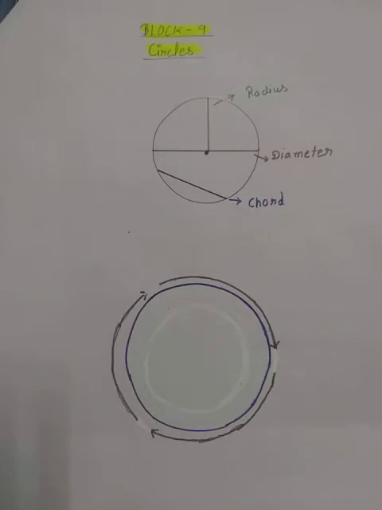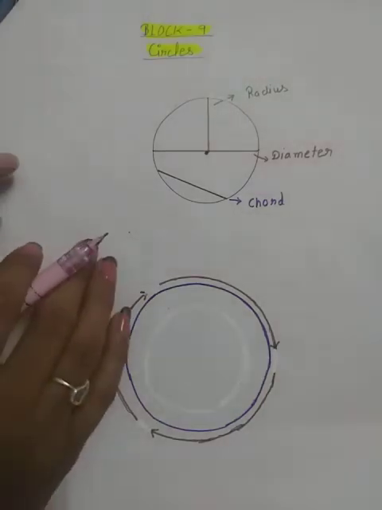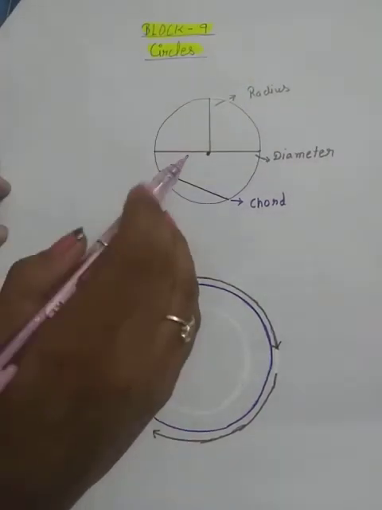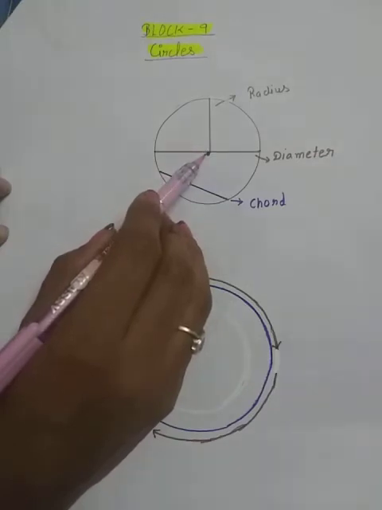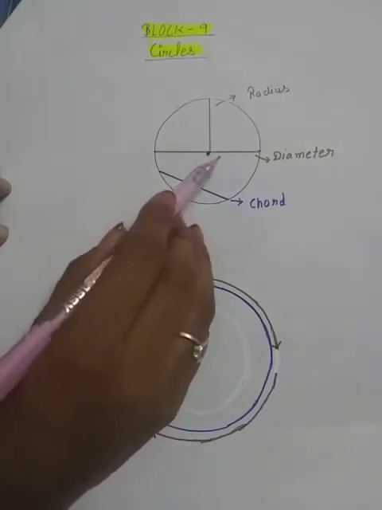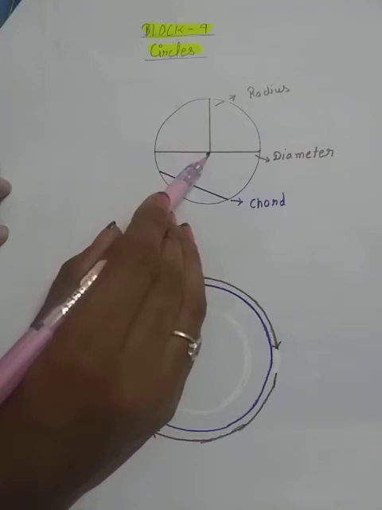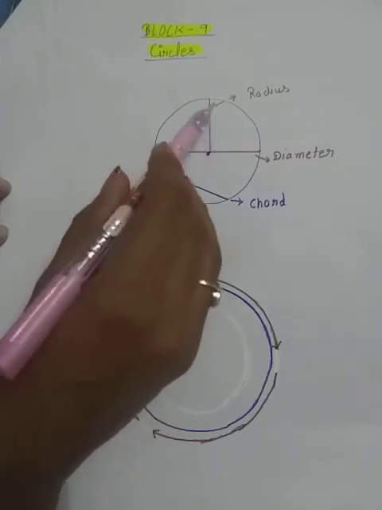First of all, if we make a circle, in the circle we have a point, a center mark. This one is the point, the center of our circle.